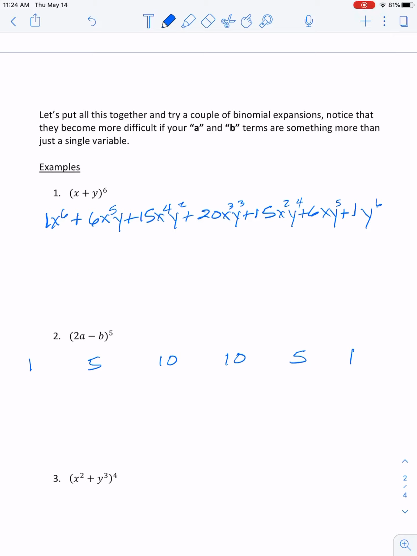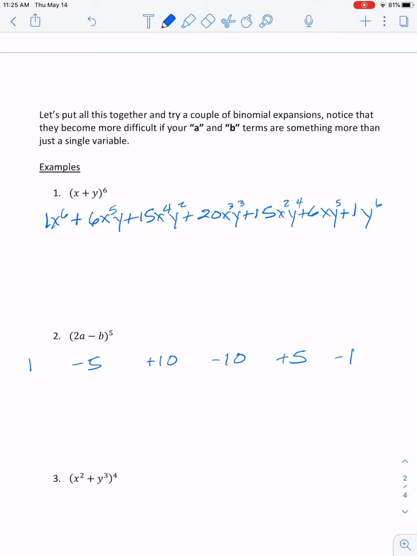The minus sign indicates, and there's different ways to do this, but if you really want to cut to the chase, it means the signs are going to alternate. So it'll start positive, the second term is going to be negative, the third term will be positive, negative, positive, negative. That way you can just plug in 2a and b instead of having to try to plug in a negative b. So the tough part on this one is going to be the 2a.